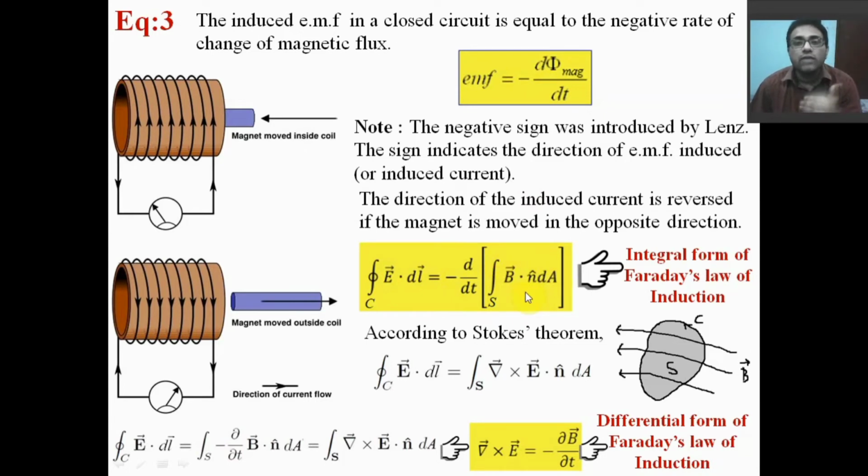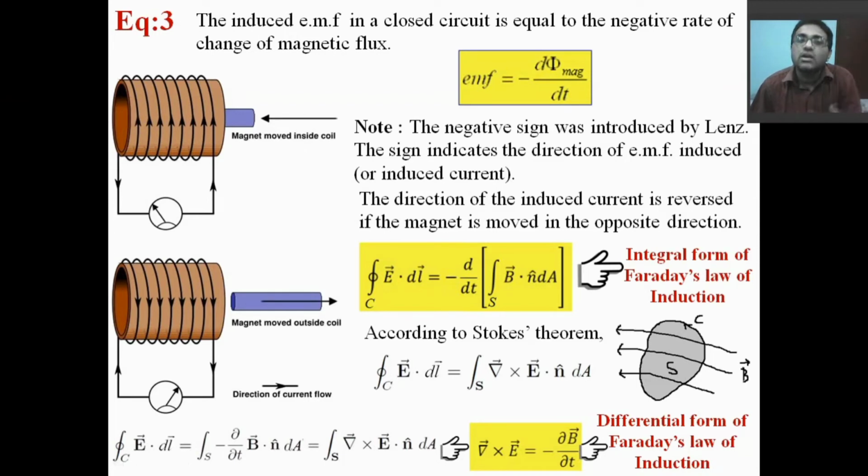Now how the flux can change, that you have to understand. The flux can change if you change the magnitude of the magnetic field, or the direction of the magnetic field. Also the area through which the magnetic field lines are crossing can change. This is the current loop, and we can consider the radius of the current loop is more.